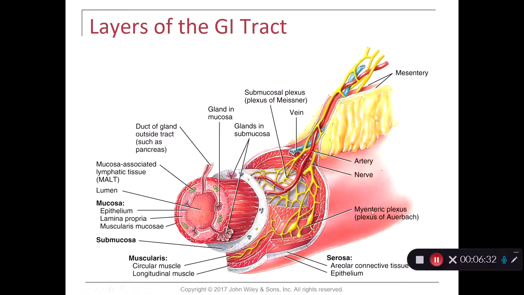This is called the myenteric plexus. My means muscle. Enteric usually refers to your digestive tract or your innards. So the myenteric is the muscles of your stomach. Has a plexus. And again, there's that guy that's decided to name it after himself, Plexus Orbach. I just slaughtered his name. I apologize to Orbach.